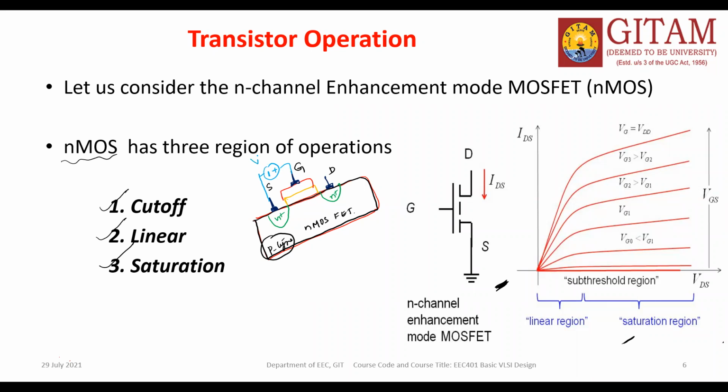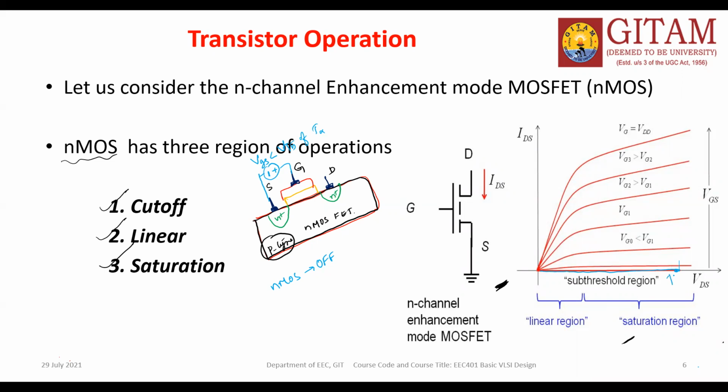If this VGS value is less than the threshold voltage of the transistor, the transistor becomes off. The NMOS becomes off. For example, consider this line that goes from the origin to this point.